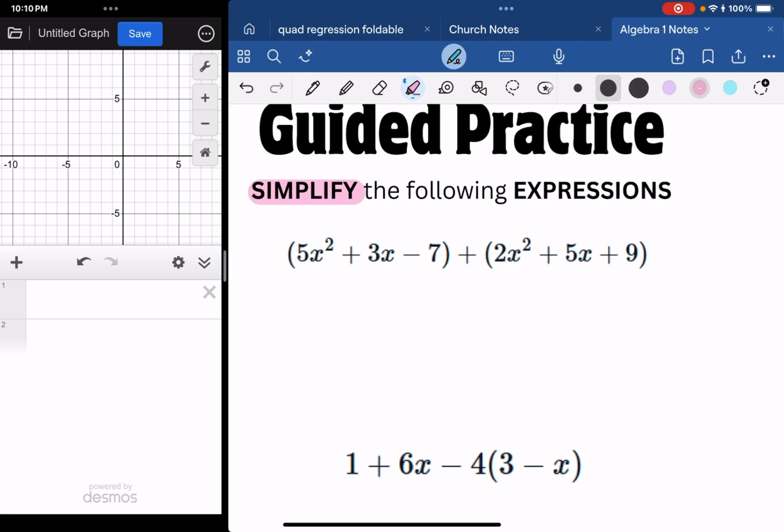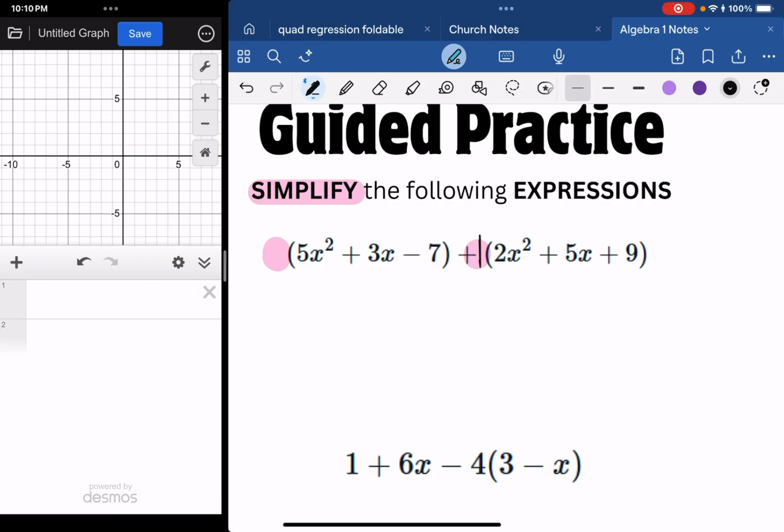So when I distribute, I'm looking for numbers outside of the parenthesis. Okay, but when I'm looking at my parentheses, I don't see a number here and I don't see a number here. Well, I do see a number there, but it's just imaginary. It's a positive 1. Okay, but I don't have to distribute the 1. So with no number being in front, I just need to combine like terms.